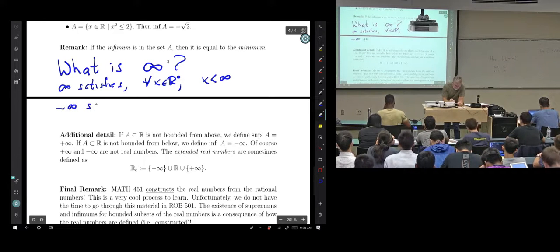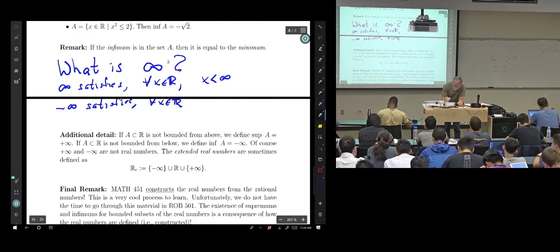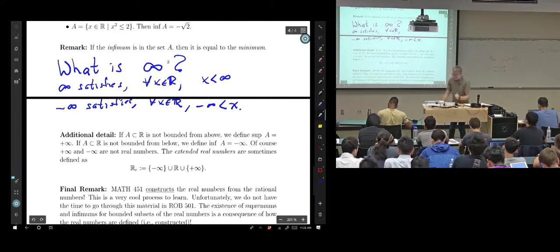Minus infinity satisfies: for every x in the reals, minus infinity is less than x.